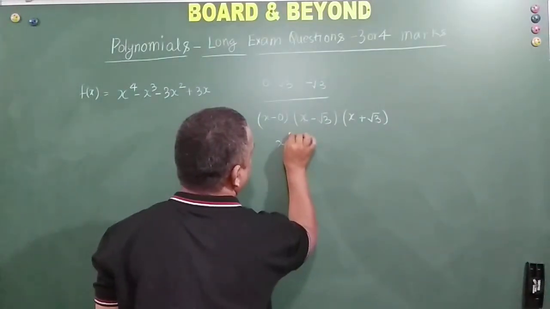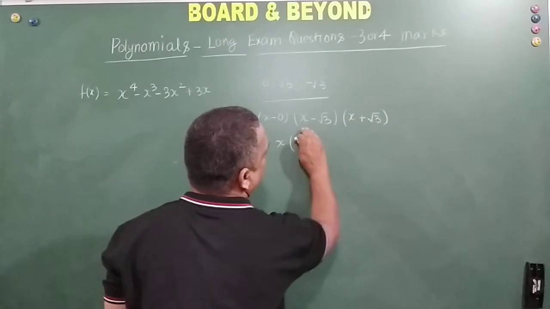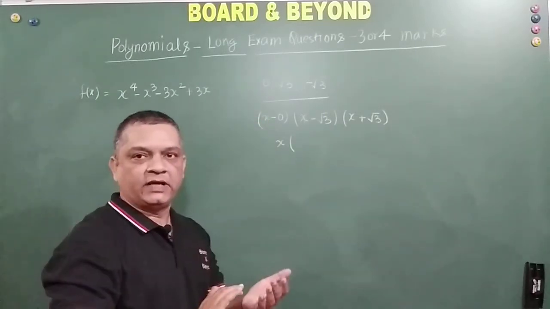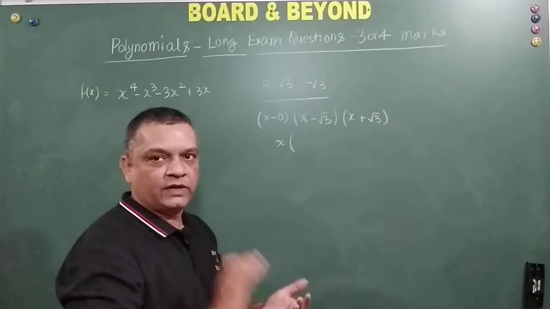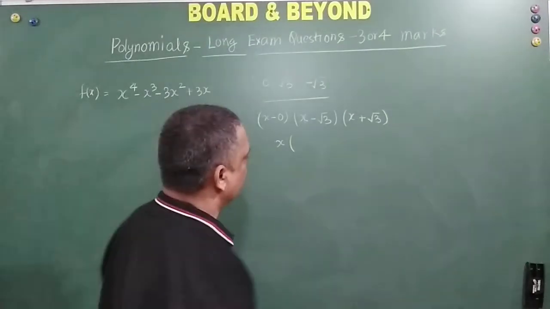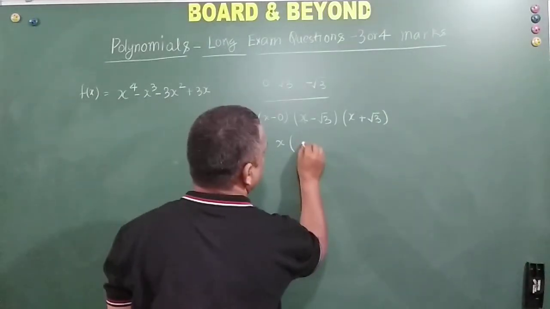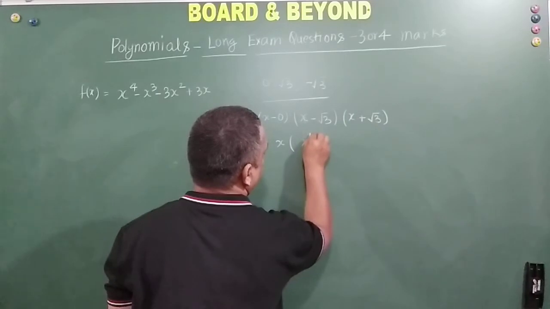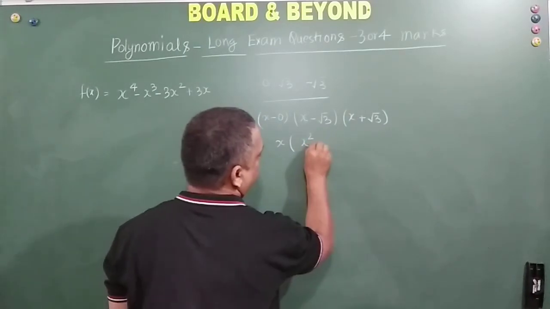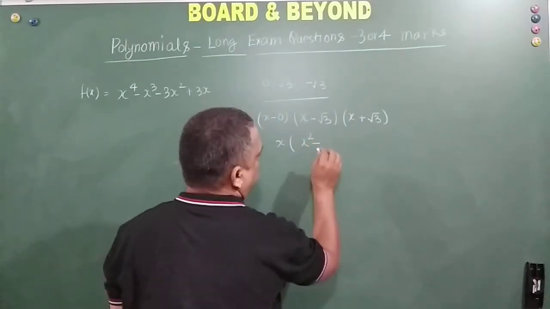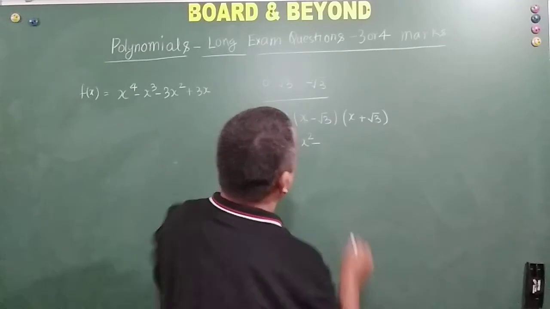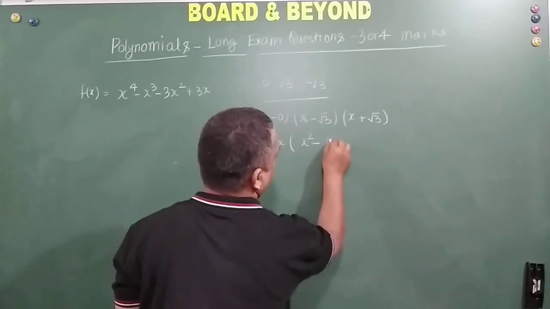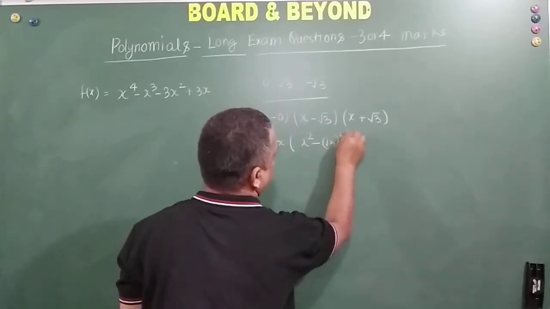Please pay attention here. This is of the form a plus b into a minus b, which is equal to a square minus b square. So a square is x square minus b square, which is root 3 whole square.